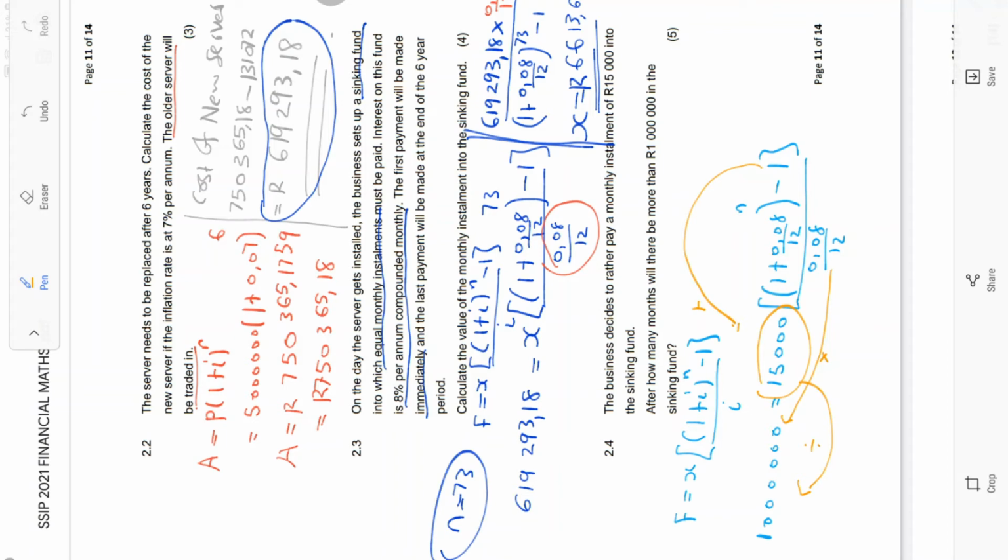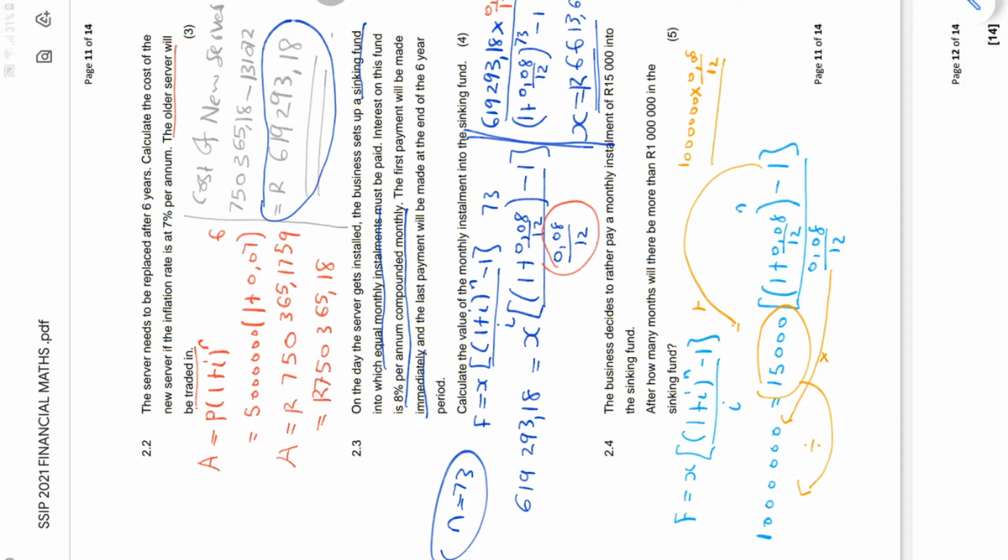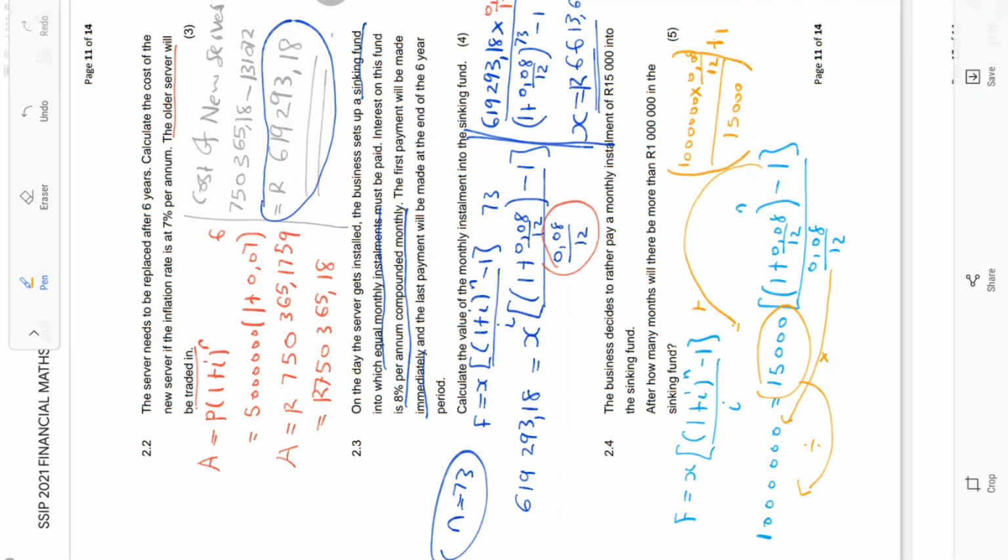You'd have 1 million times 0.08 divided by 12 over 15,000, but then plus a 1. The 1 is just independent, it's not part of that.